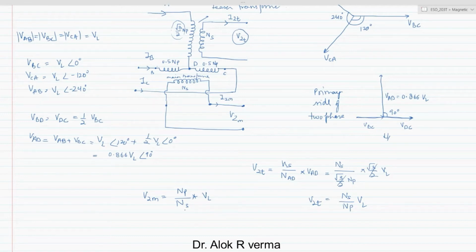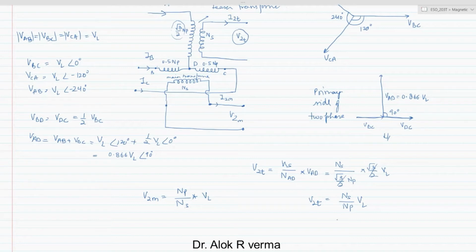If you look at the magnitudes of V2M and V2T, both are the same, because the transformer ratio is 0.5 NP plus 0.5 NP, total NP, divided by NS, and the rated voltage is VL. So the VL here is VBC, which is at 0 degrees, and here this VL will have an angle of, what? AD. So AD has an angle of 90 degrees.